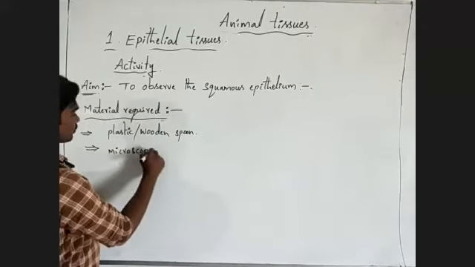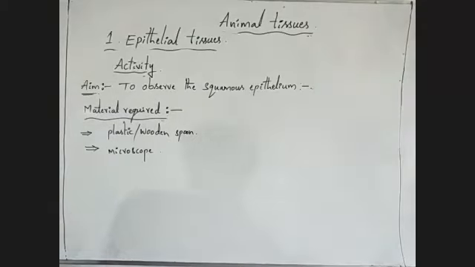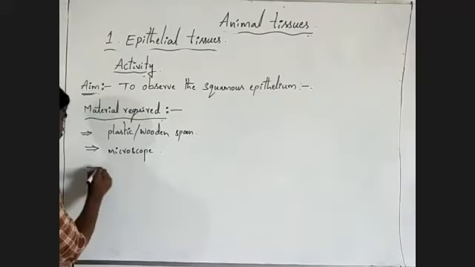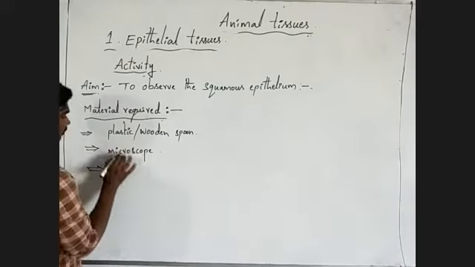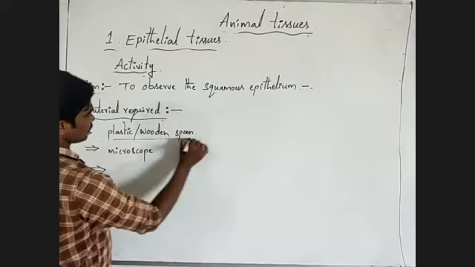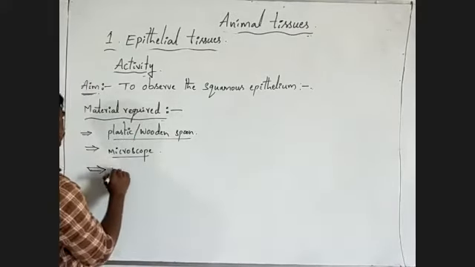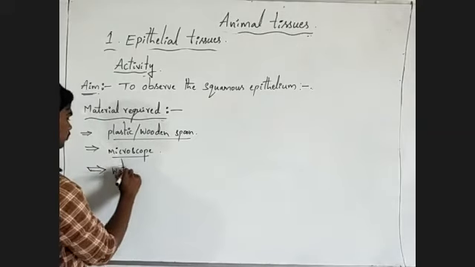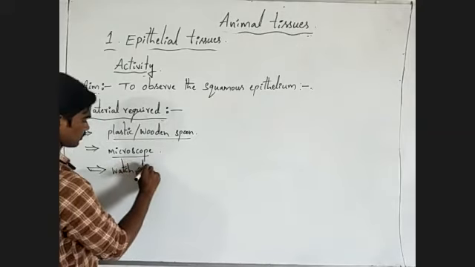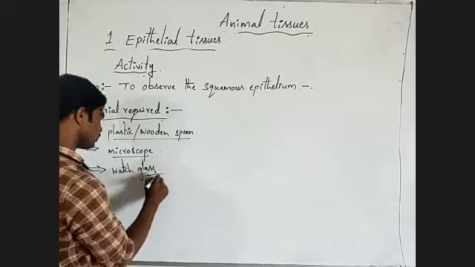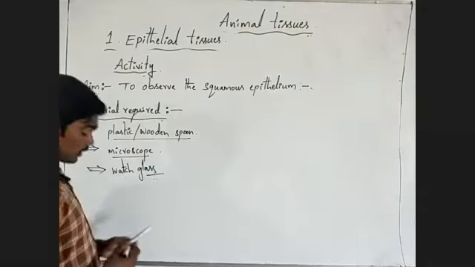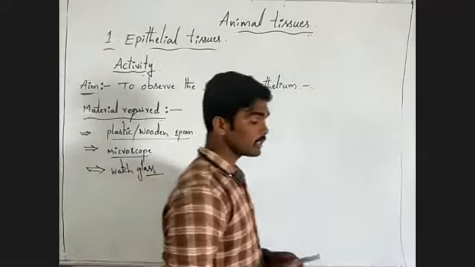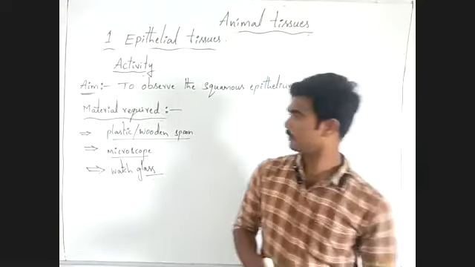Microscope. These are two important ones: a wooden spoon and a microscope. Next, a watch glass. These are the important materials required for this activity.